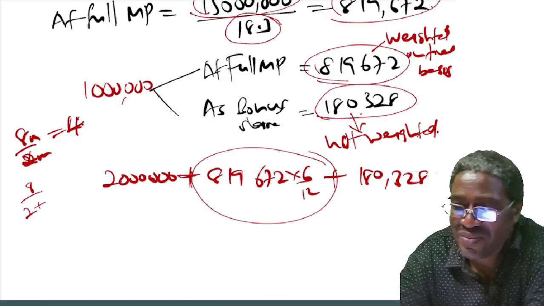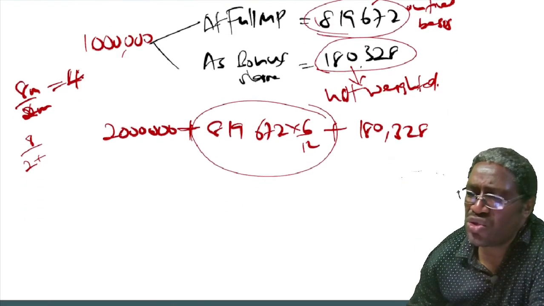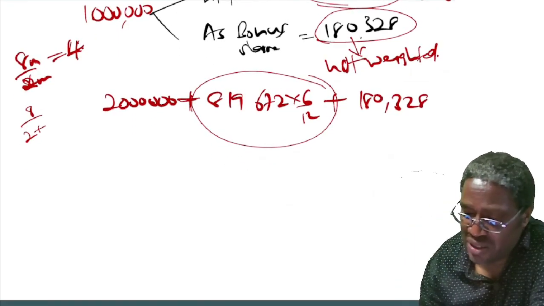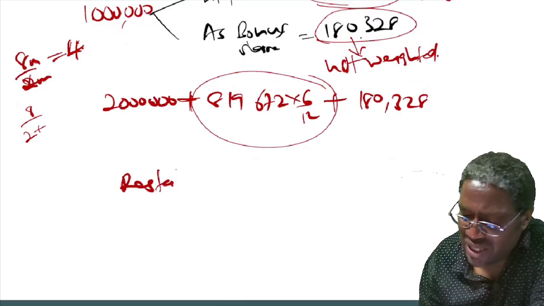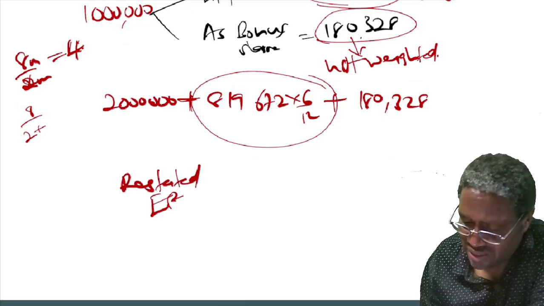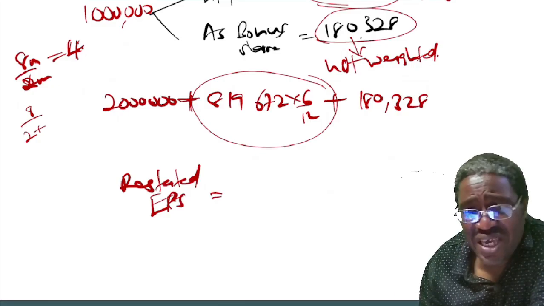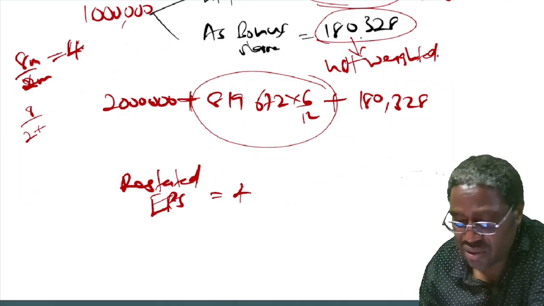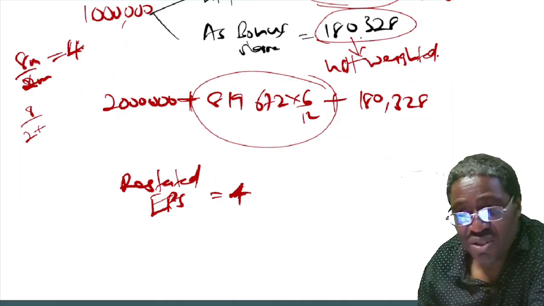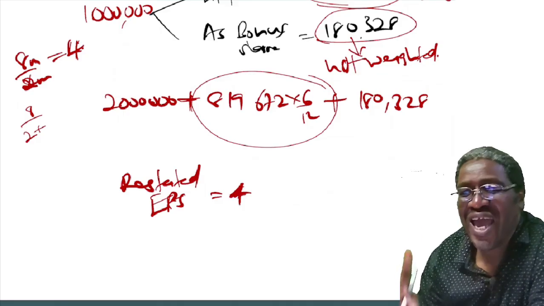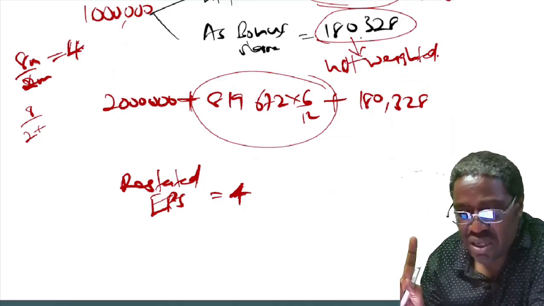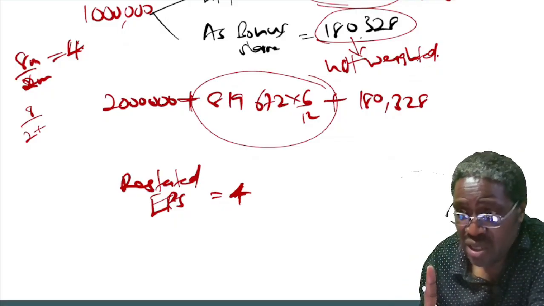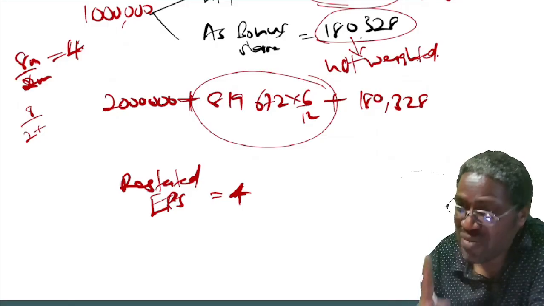Now listen. When it's a question of a rights issue, you restate the EPS of last year. How? To get the restated EPS here, you will take the EPS of last year itself, which was how much? 4 shillings. You take the EPS of last year, 4 shillings, and restate it by multiplying it by a factor.